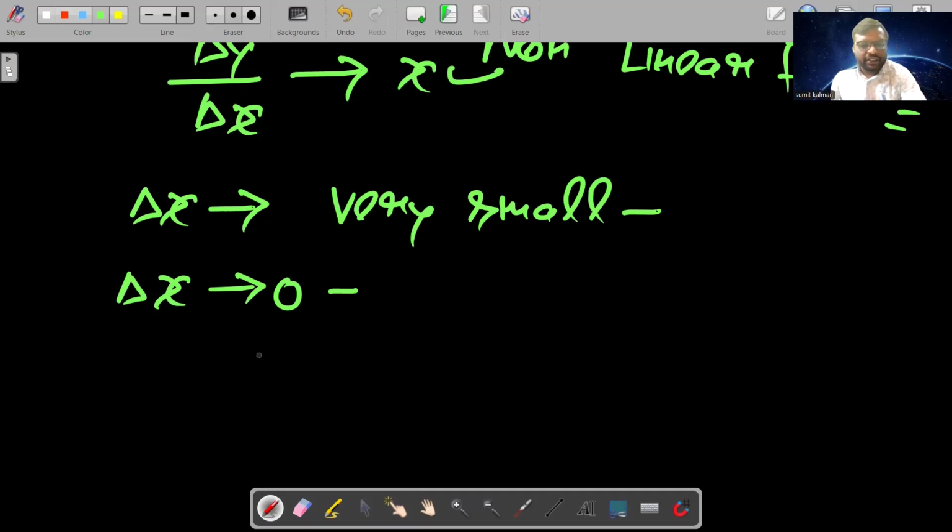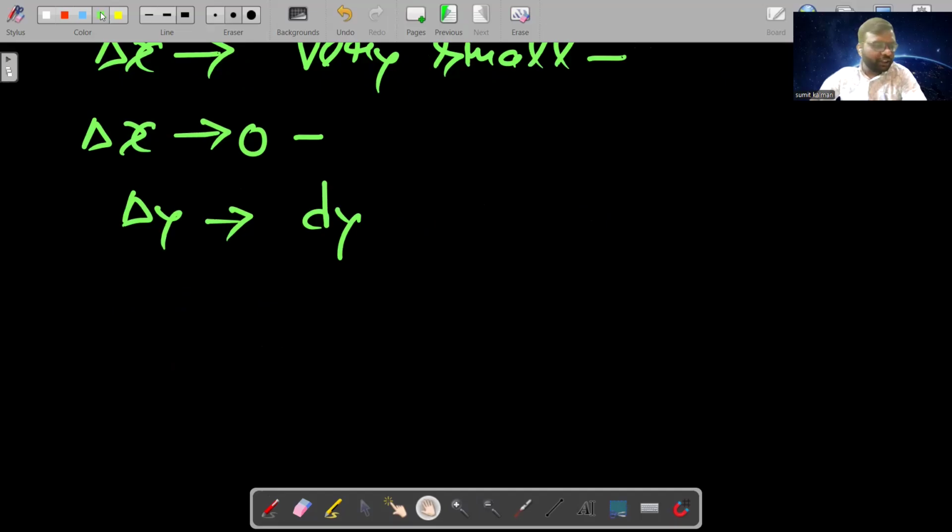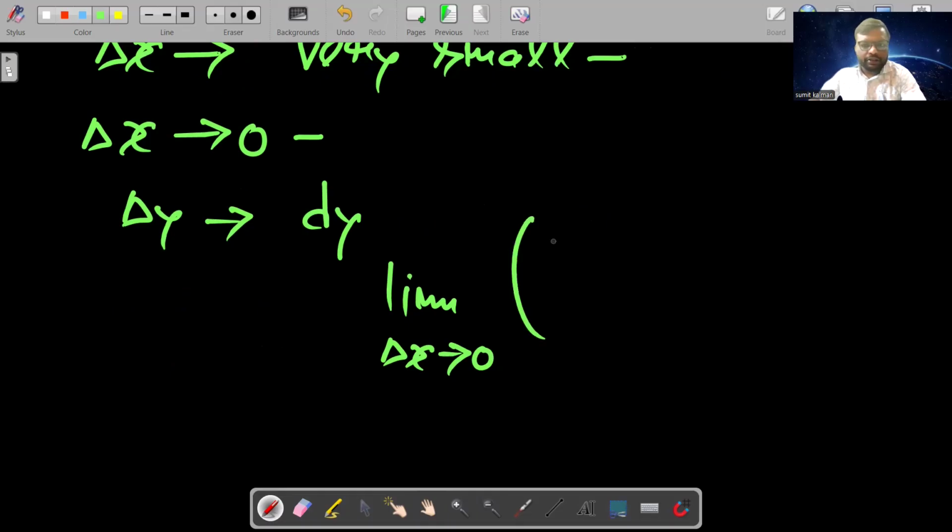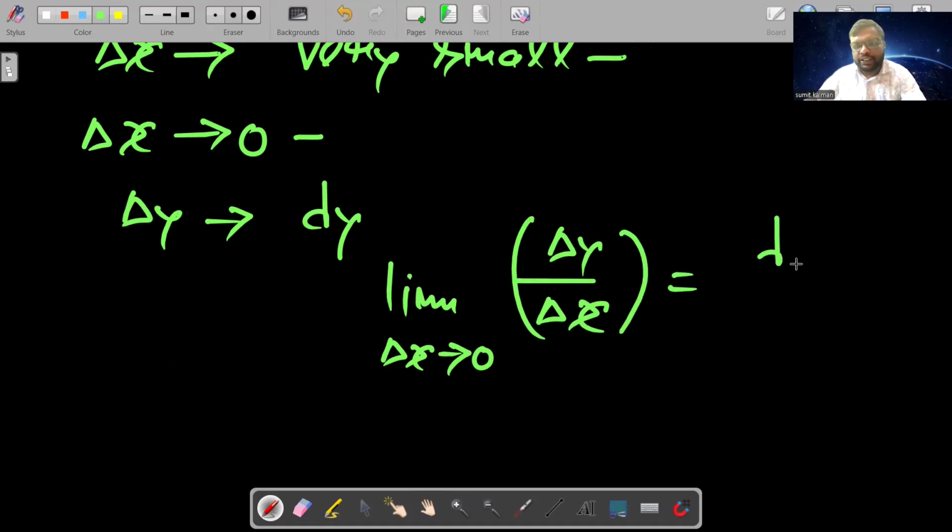Then students, delta y is written as dy, and the ratio delta y upon delta x, limit delta x tends to 0, delta y upon delta x, it will become equal to dy upon dx.